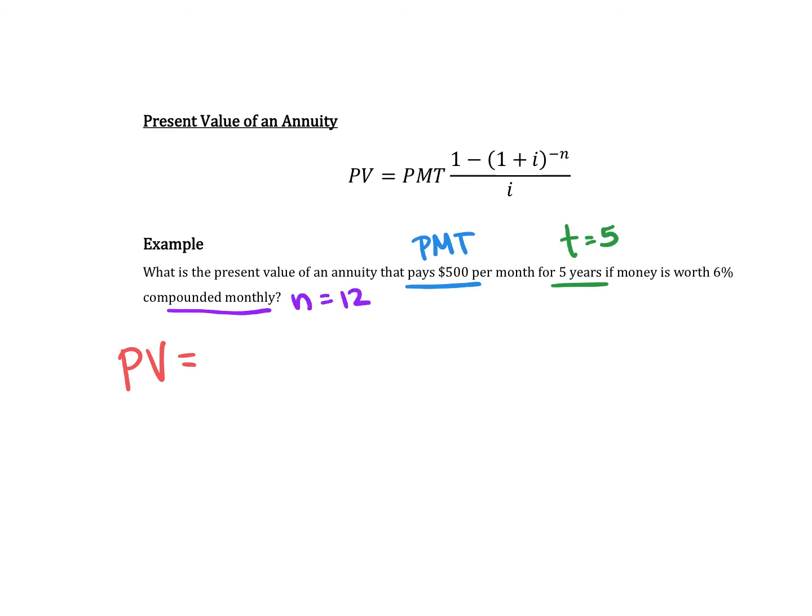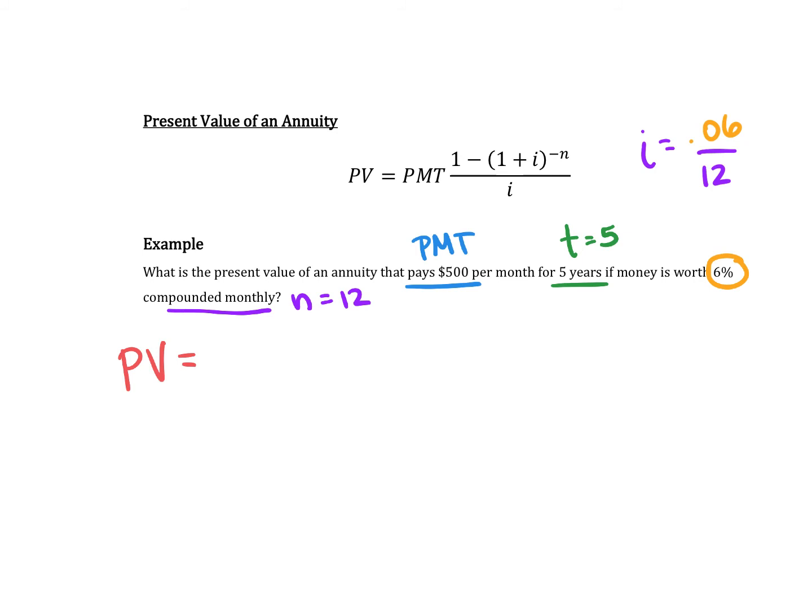And remember, we can calculate I, where I is equal to my rate, in this case 6%. So I is equal to 0.06 divided by the number of compounds in a year, which in this case is 12.